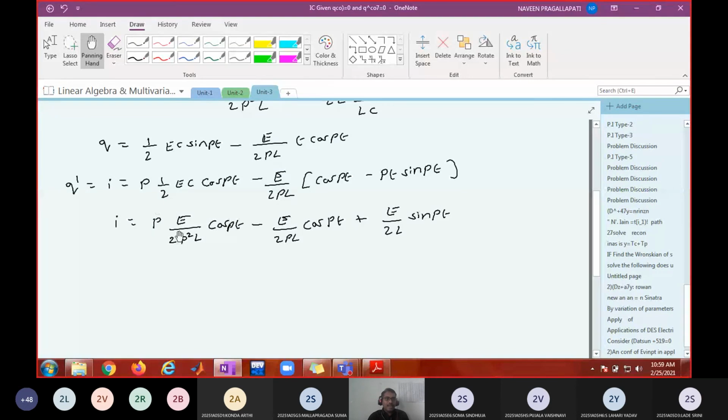Okay, so E by 2pL cos pt minus E by 2pL cos pt gets cancelled. Therefore, what is the expression for I? E by 2L t sin pt. Do you agree? I forgot it is t.